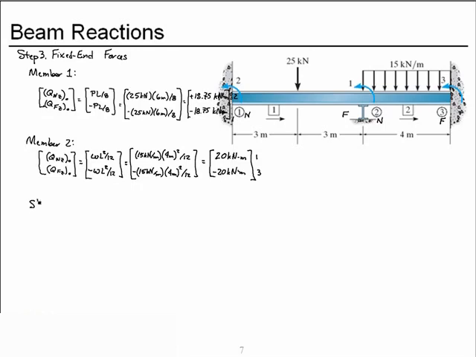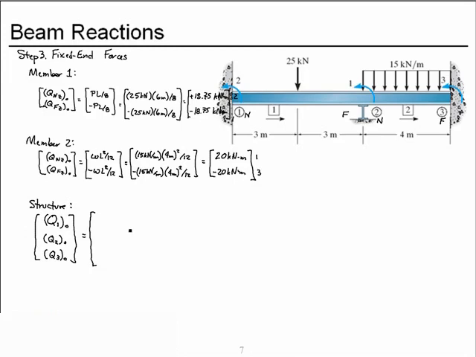So for the entire structure, the fixed end force for degree of freedom 1, 2, and 3 is given by the summation of the fixed end forces from each of the members.